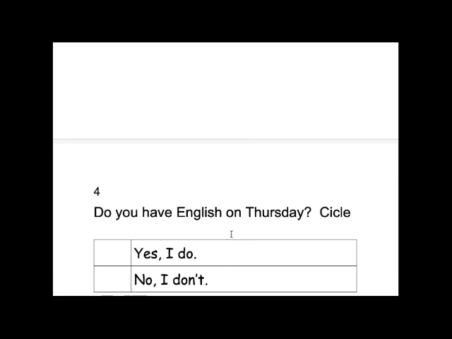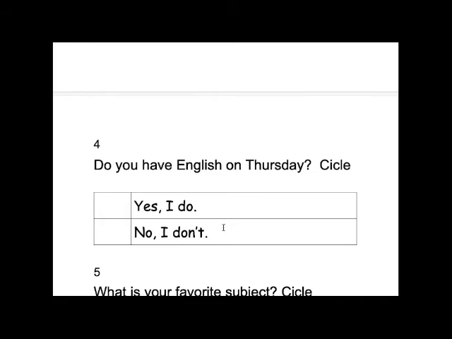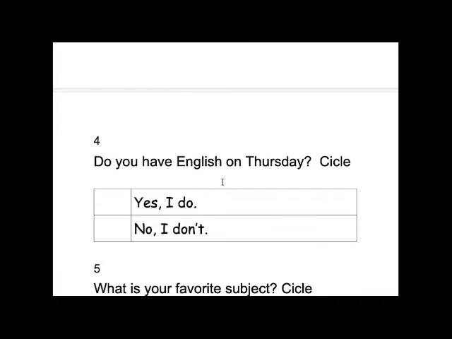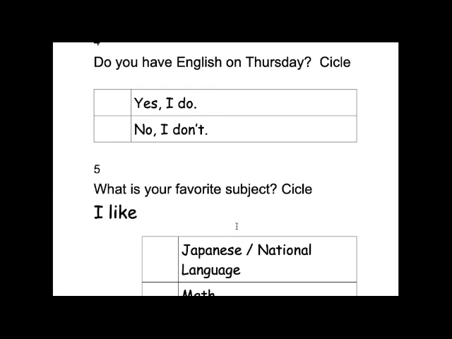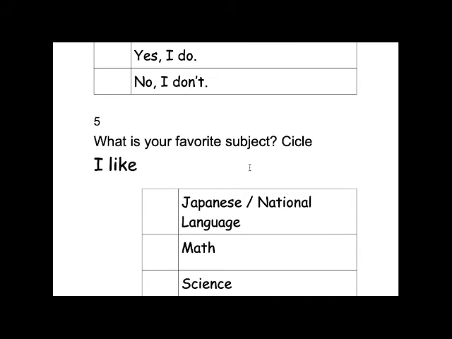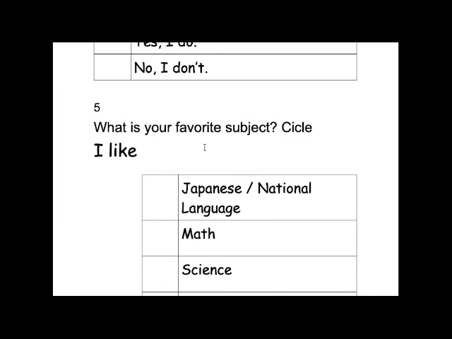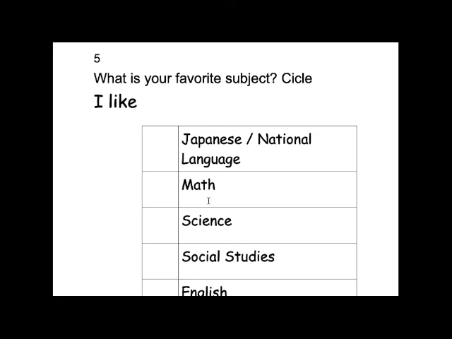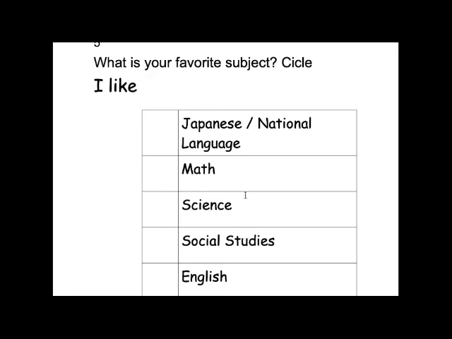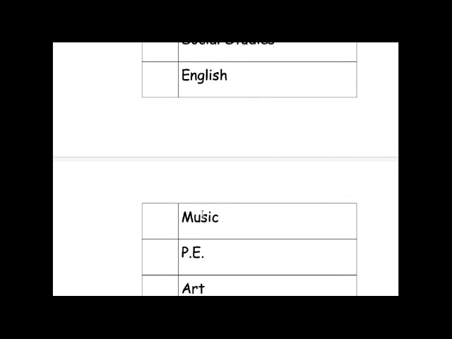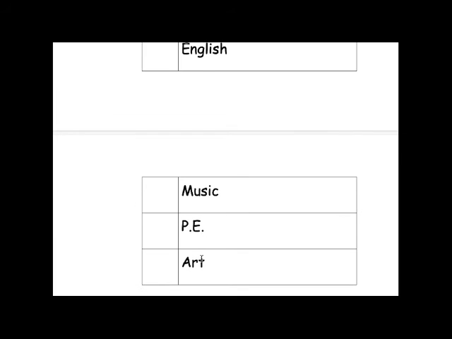Okay, question 4. Do you have English on Thursday? You can circle either yes, I do, or no, I don't, depending on whether or not you have English on Thursday. This is another one. What is your favourite subject? You can circle one. I like Japanese, or national language, or math, science, social studies, or English, or music, or PE, or art.